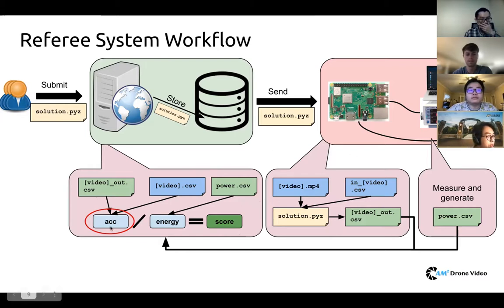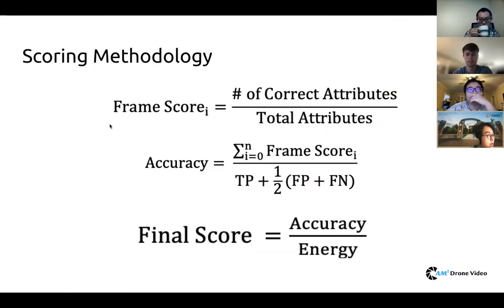The way we calculate the accuracy is a variation of the F1 score. For each frame, there will be a frame score. This frame score is only given when you report the correct frame where the ball changes hands.